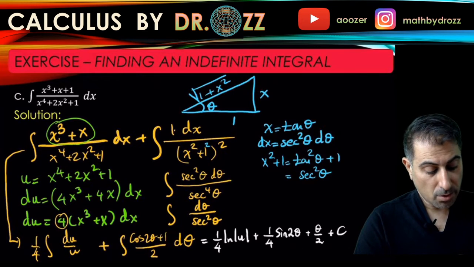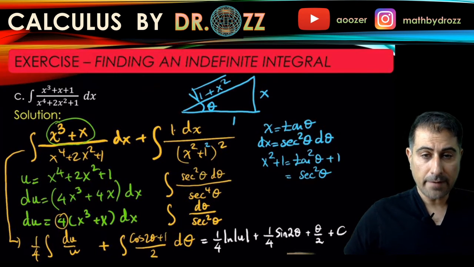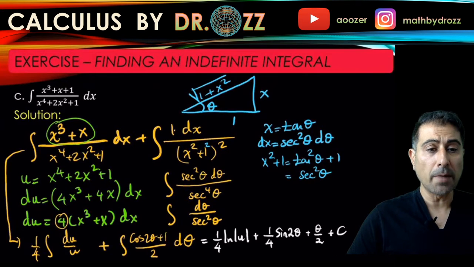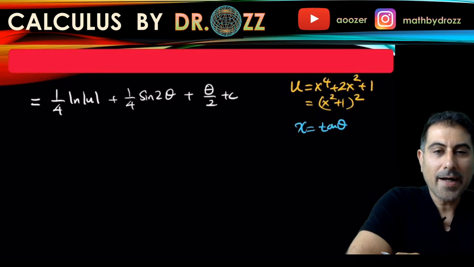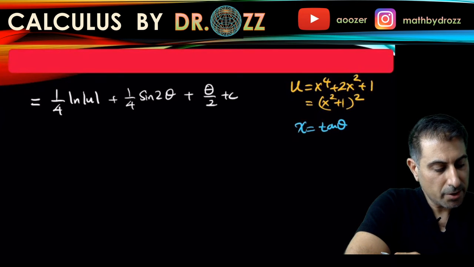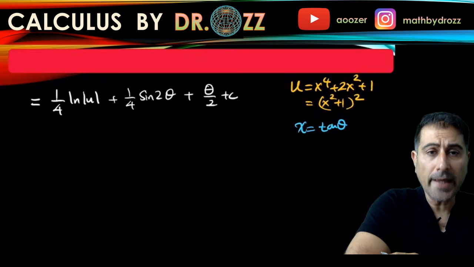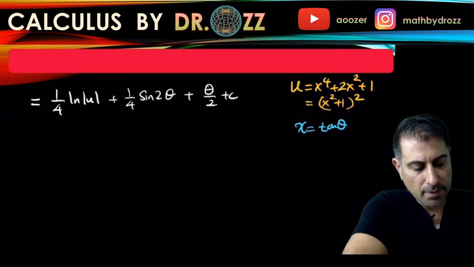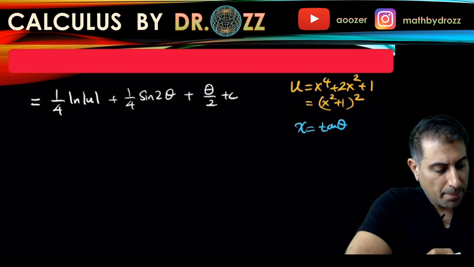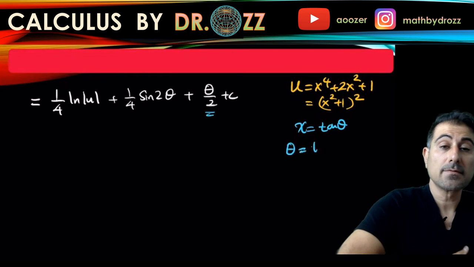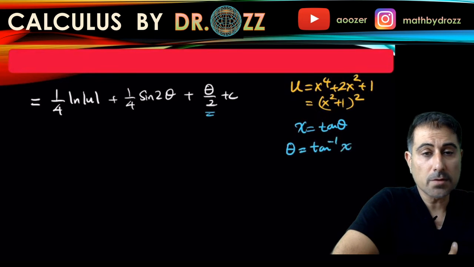Okay, so let me just copy everything down in the next slide, and I'll just use back substitution one by one. All right, so I just copied everything down here, and I also copied down the substitutions that I used along the way. All right, so x equals tan theta. Since I need theta by itself here, so I also need to convert this into arctan x, or tan inverse x, whichever you want to call it.